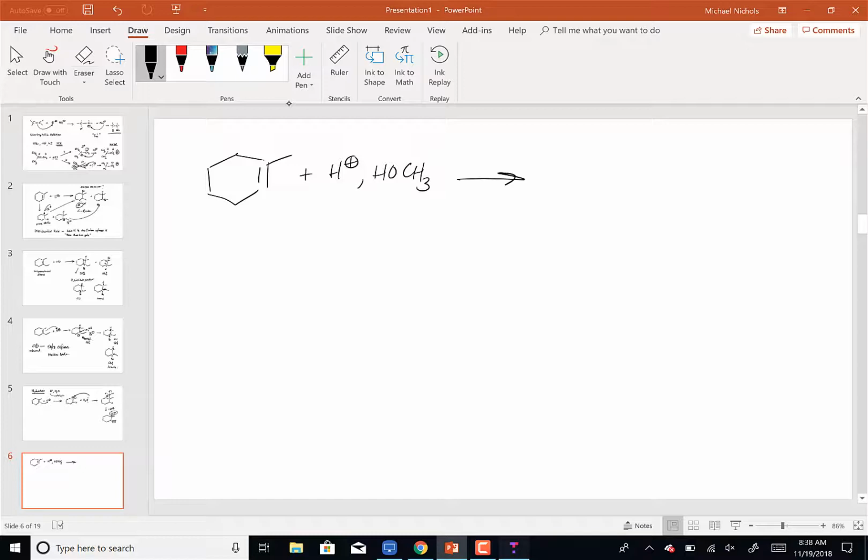So I could add H plus and an alcohol to the double bond. And so what's my major product of this reaction going to be? What group added to the top carbon?